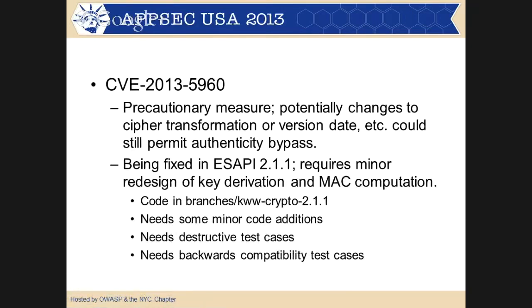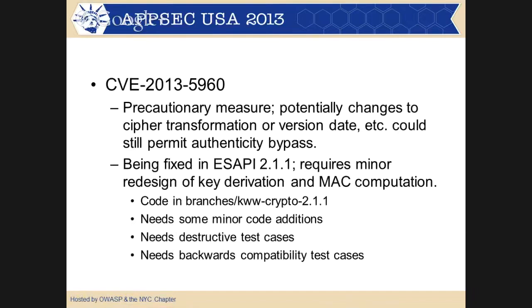So this is being addressed. This is more of a design change, and it's being fixed in ESAPI 2.1.1, which has not been released yet, partly because it requires a minor redesign of the key derivation and the MAC computation.